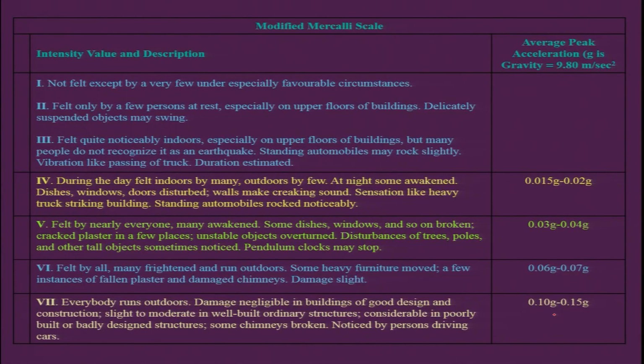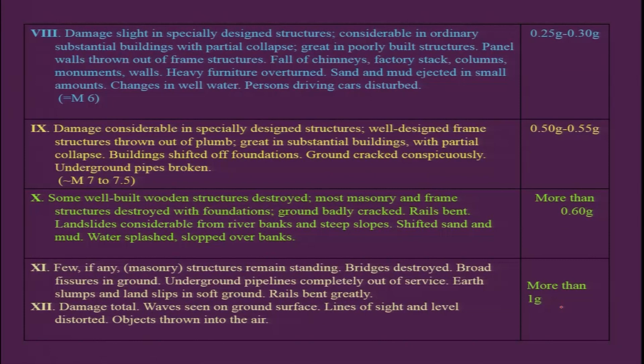For example, with an intensity of 7, the damage is negligible, and the ground acceleration ranges between 0.1 to 0.15 g. This keeps increasing, and when you have an intensity of 10 or 12, the ground acceleration will be more than 1g, and this is extremely dangerous.